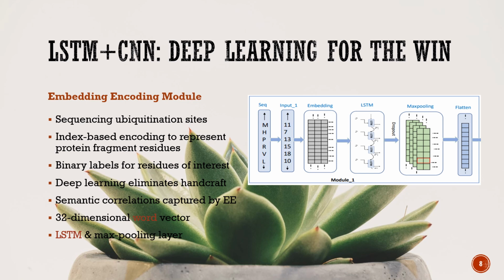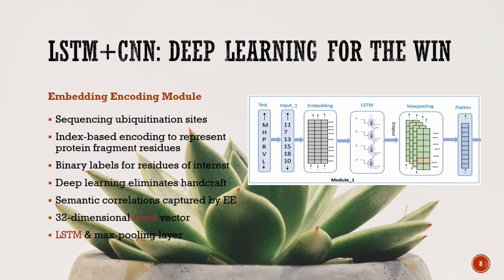So what they did is using a long short-term memory networking layer. First they started with sequencing the ubiquitination sites, as you see on the left of the graphic. This is from their article. So first they identify all of the sites that the ubiquitination occurs.